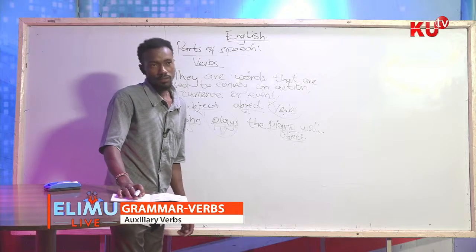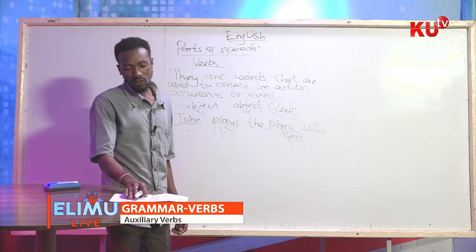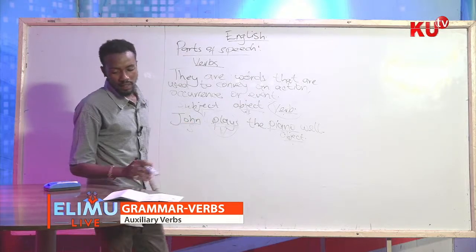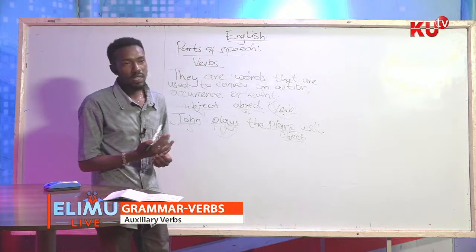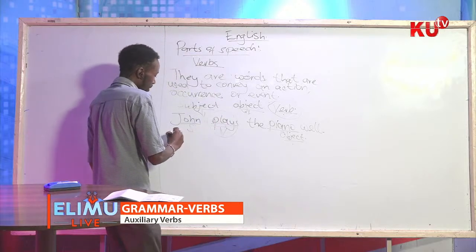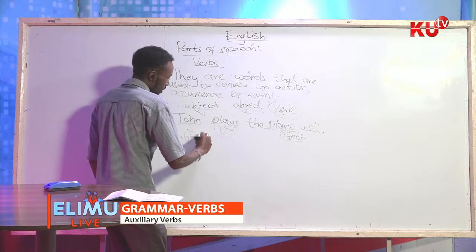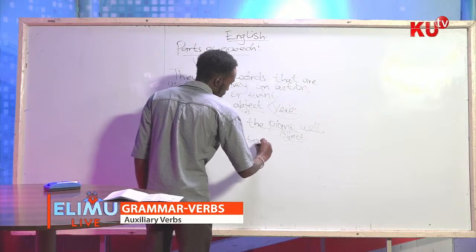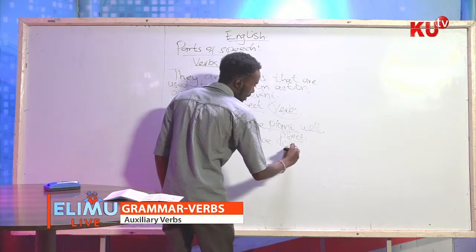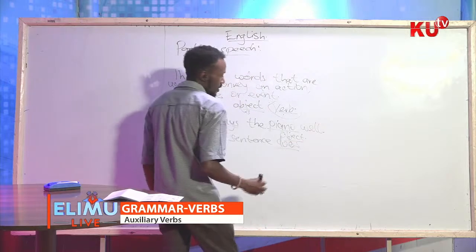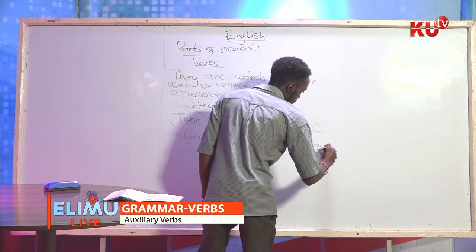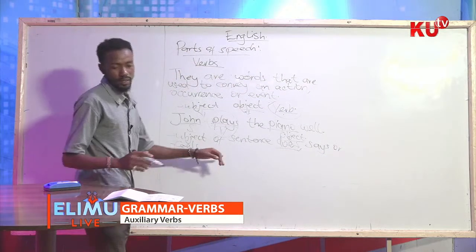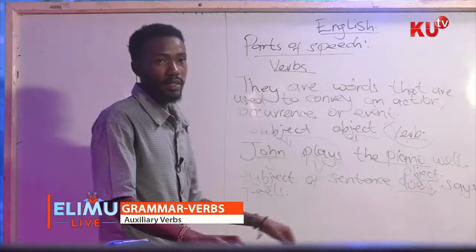What a verb does is indicate what the subject of the sentence, in this case John, does, says, or feels. So that is what a verb normally does.